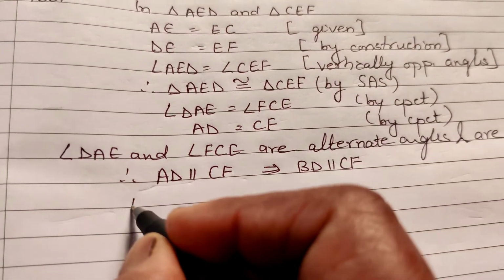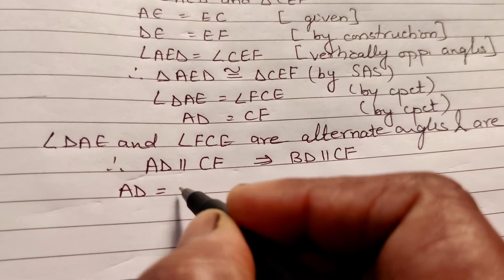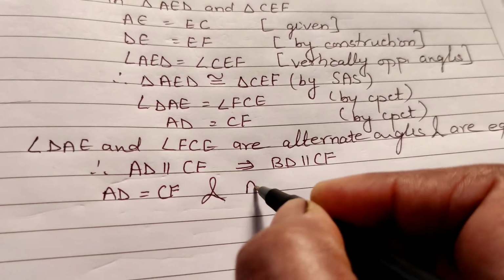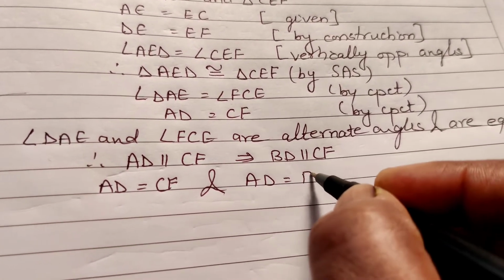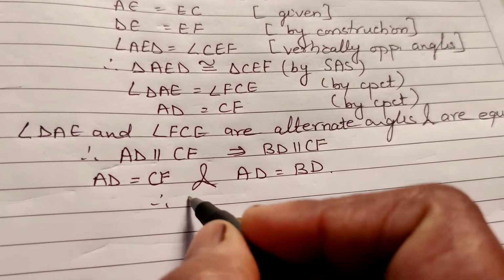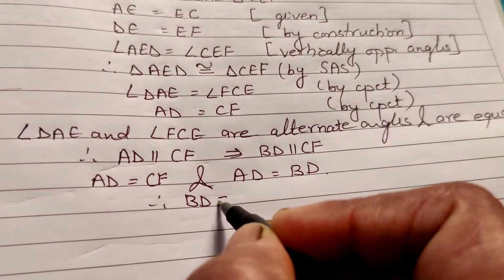Now AD equal to CF, and AD equal to BD because D is the midpoint. Therefore, BD equal to CF.